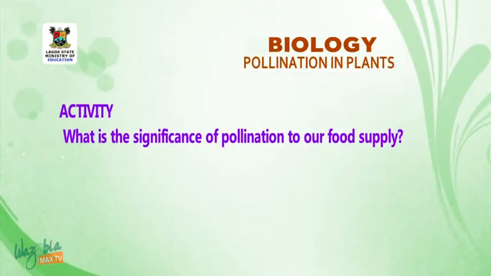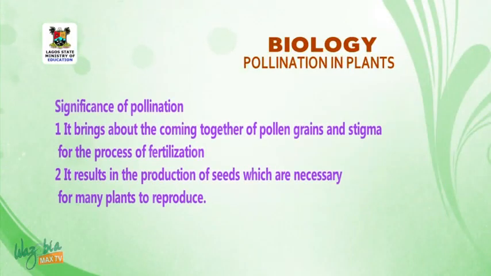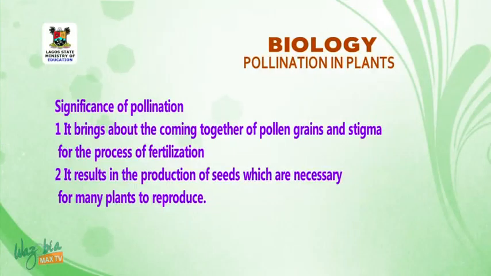Now, students' activity. What is the significance of pollination to our food supply? Waiting for your response. Good. Now let us look at this response here. Significance of pollination. 1. It brings about the coming together of pollen grains and stigma for the process of fertilization. 2.